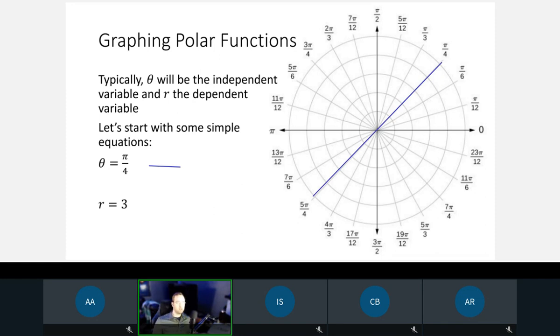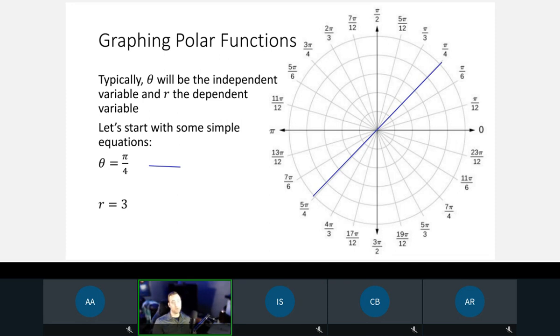The angle is pi over 4, and the radius is anything. If you put an infinite number of radiuses, and enough of them, it makes a straight line. Pretty neat, right? Any questions on that?